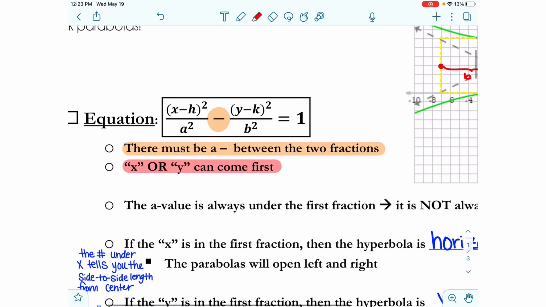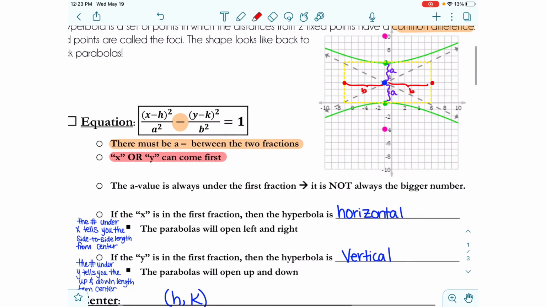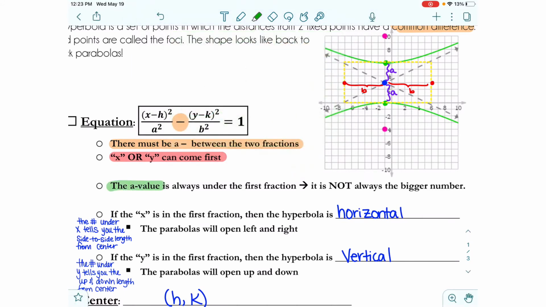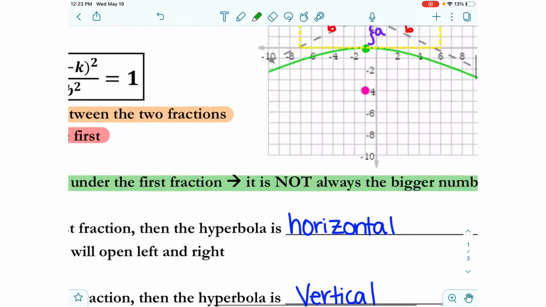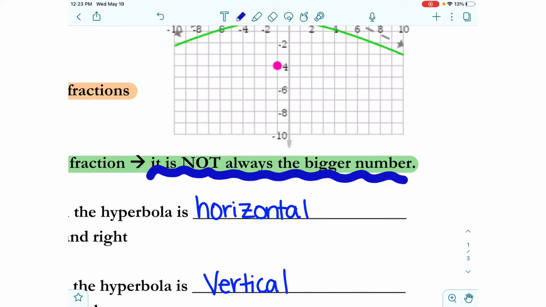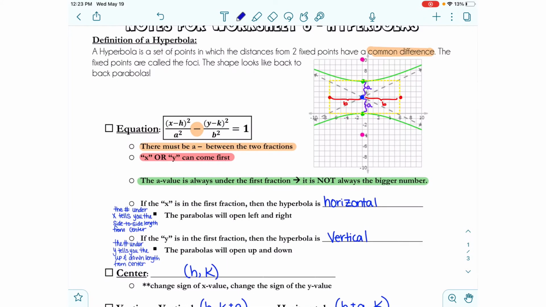In ellipses, the x always comes first. And then this is another big difference. The a value is always under the first fraction, which means that sometimes it's not the biggest number in these problems. It is not always going to be the biggest number.